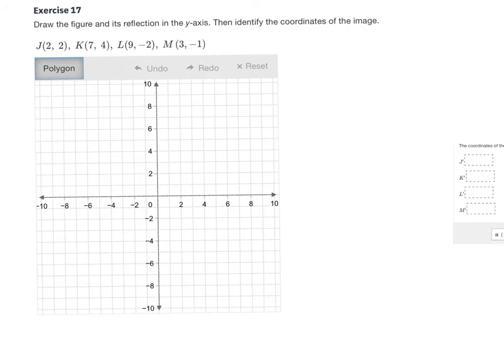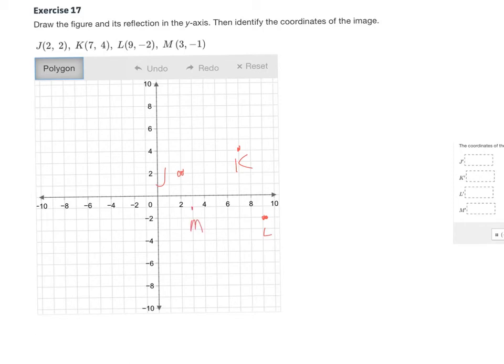Alright, I'm going to start by graphing this. I've got 2, 2. I've got 7, 4. And this is J, K. I've got 9, -2. That's L. And I have 3, -1.